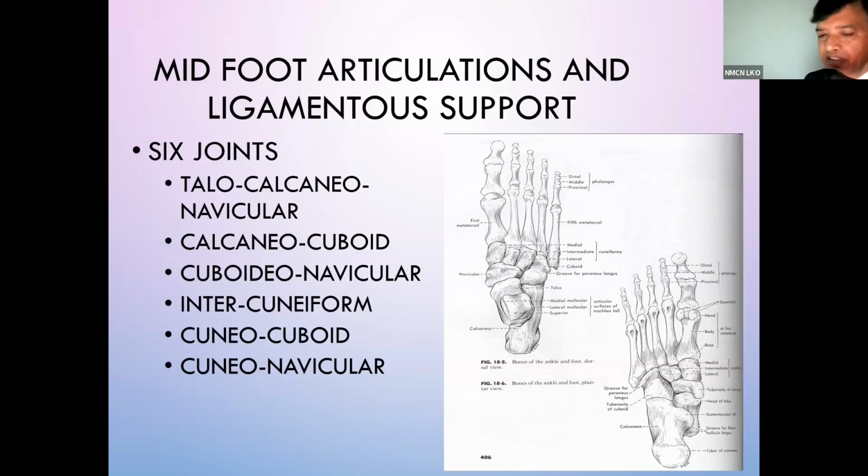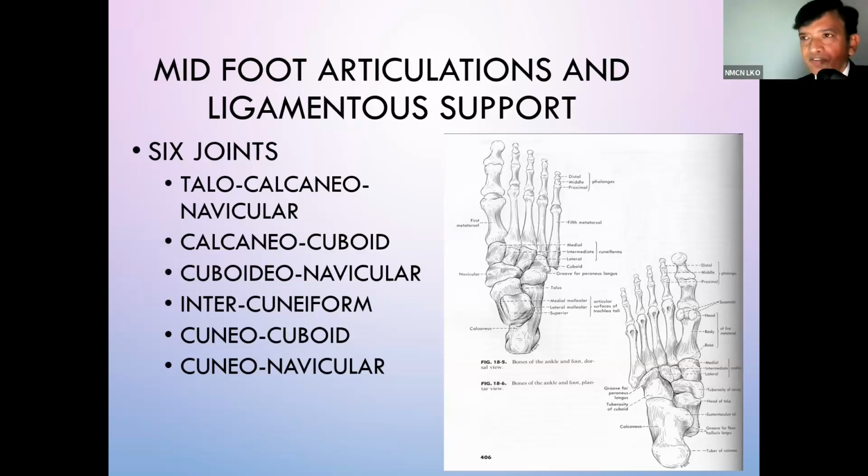And then cuboidonavicular. And then intercuneiform, these are the 3 cuneiform bones. And then cuneiform-cuboid, and cuneiform-navicular. So these are the 6 joints in this midfoot.